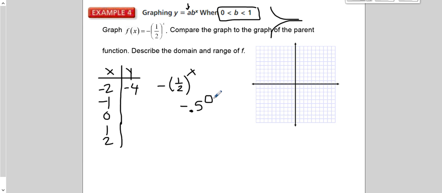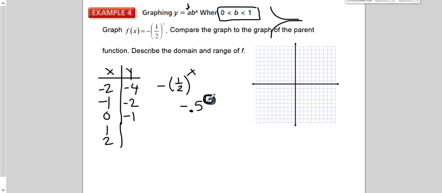Negative 0.5 up to the -1 power. Anything to the 0 power is 1, but we have that negative, so that's -1. Type it in and make sure. Negative 0.5 up to the 0 power. Oh, yep, it says -1.